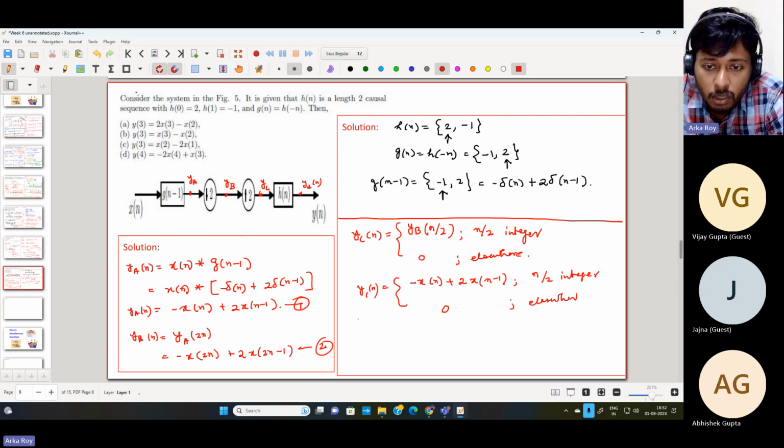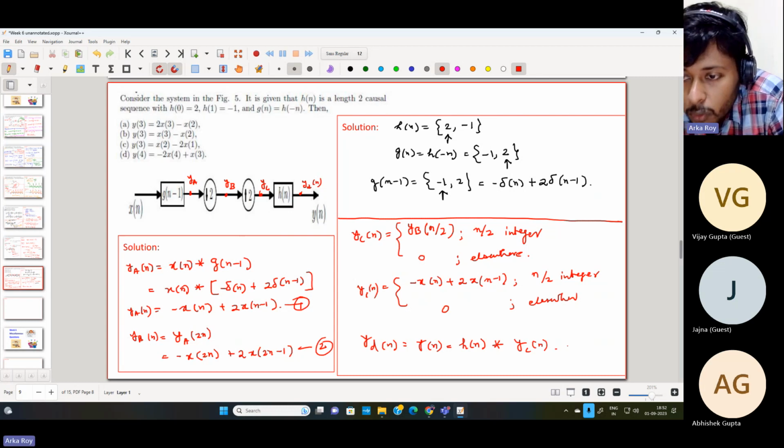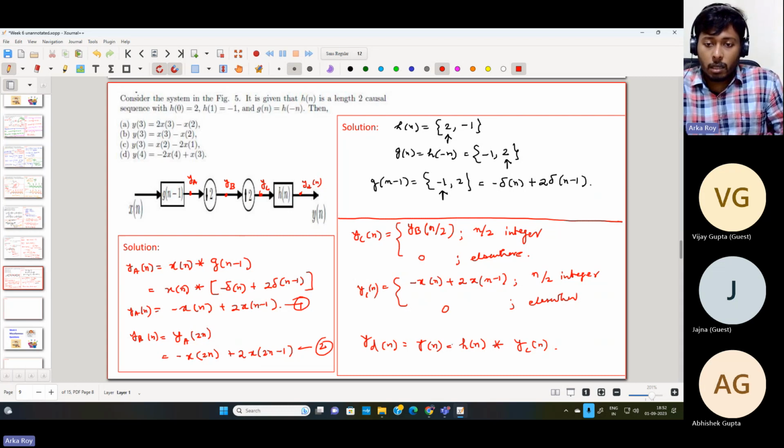So the last operation is yd[n], which is equivalent to y[n], and this is a convolution between h[n] and yc[n]. So we need to use the convolution operation between these two sequences, h[n] and yc[n]. One may think that I have got a relation between yc[n] and x[n], so I will use this relation for the convolution.